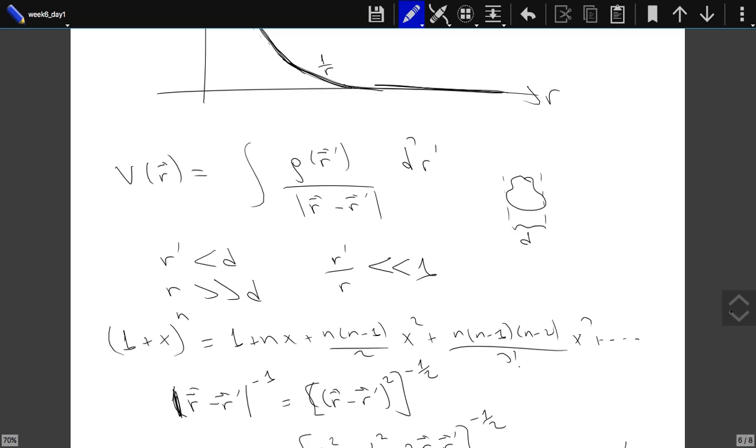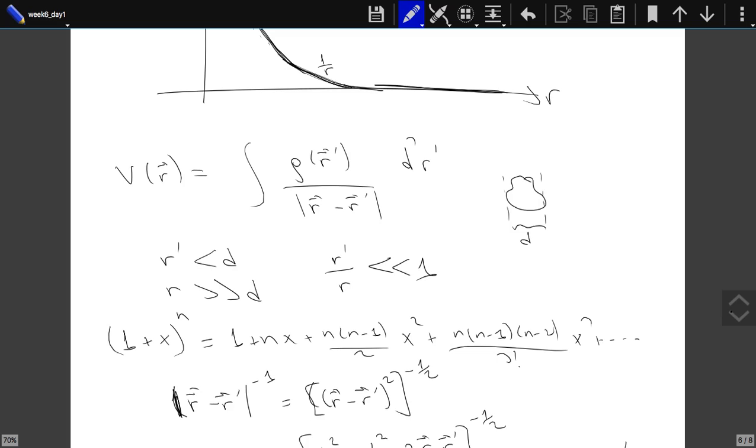So we pick the origin somewhere over here, and then look at the potential at a very far away distance. That is what we did. So that would be a wise choice of your origin. It should be somewhere inside your charge distribution, not at some other point.